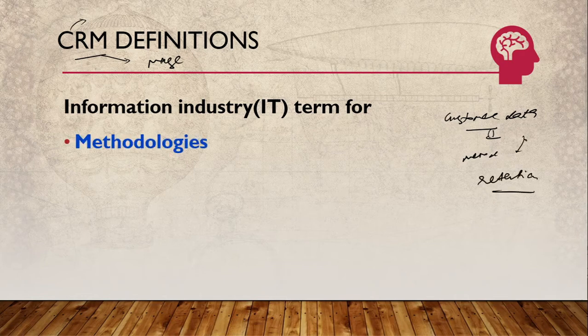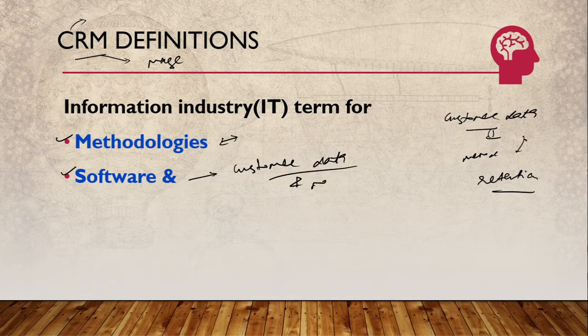So the first important thing is the methodology. What methodology we'll be using is the key point. Next is what different software we will use to use this customer data, and then how we will maintain it. This is one of the important aspects of CRM.